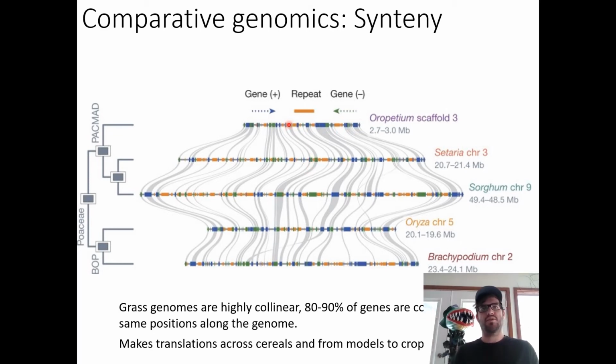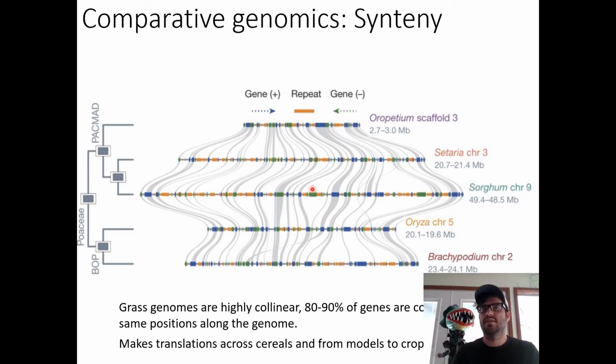In general, you can see the vast majority of genes are conserved in the same order and same orientation. There are some movements: if we look here, this rice gene has moved in Brachypodium. There have also been some duplications and gene losses. For instance, all these genes are novel in Brachypodium, these are novel in rice, and maybe there are some genes that are found in some species but not in others.